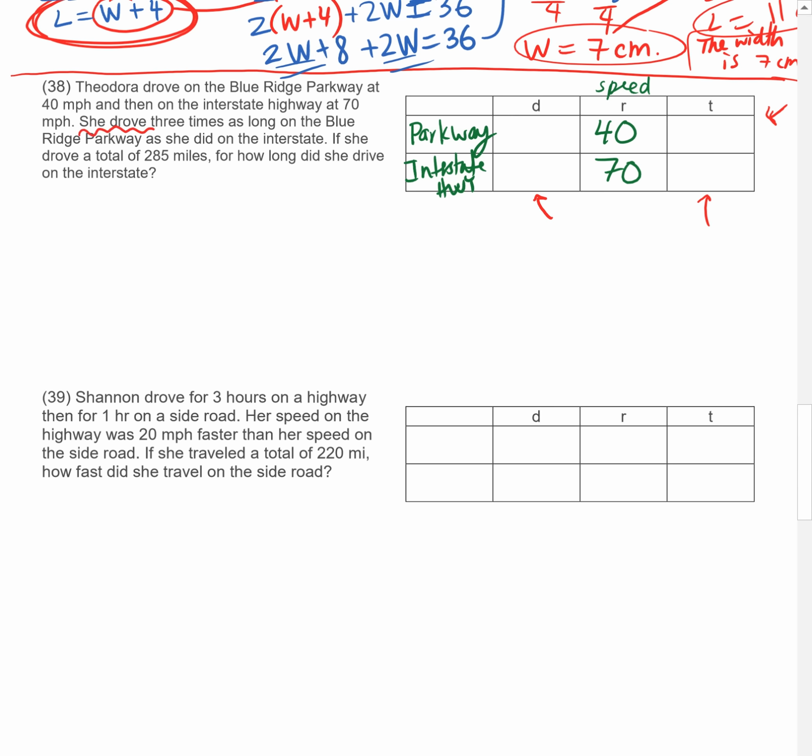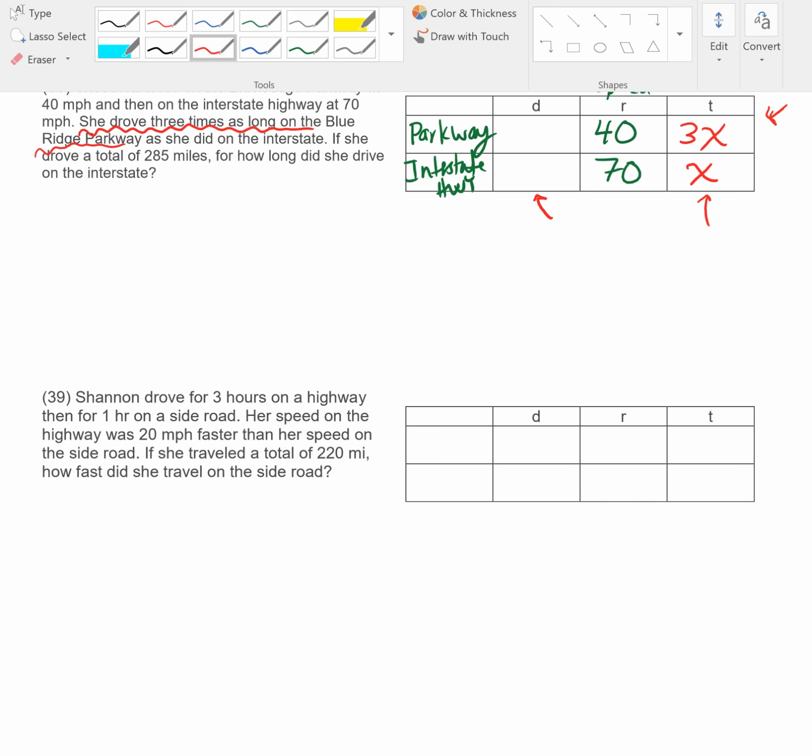She drove 3 times as long, so that must be time, right? On the Blue Ridge Parkway as she did on the interstate. Okay, so I guess if you call the time she took on the interstate x, she drove 3 times as long on the Blue Ridge Parkway, right? So that means however long it took her on the interstate x, multiply that by 3 because it took her 3 times as long.